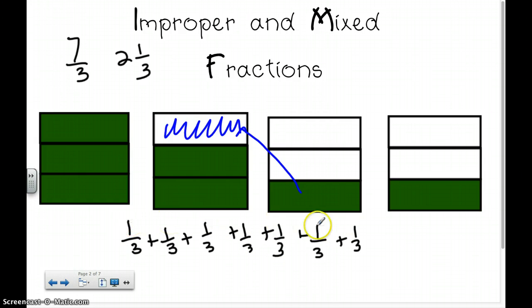So I can add up all of these 1 thirds, and that's still going to give me 7 thirds because my denominator is 3 and I have 7 total pieces.